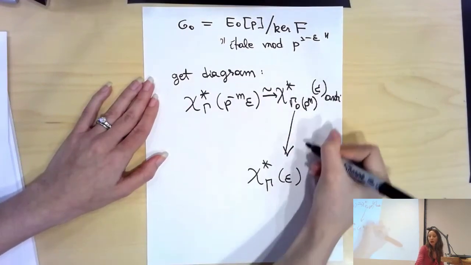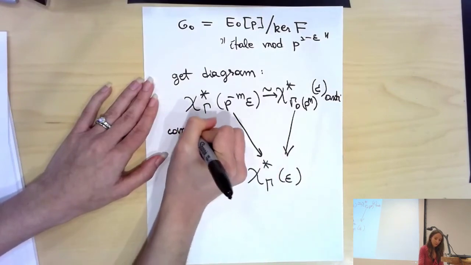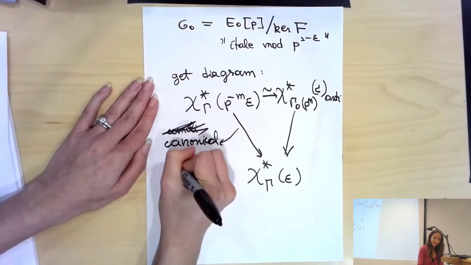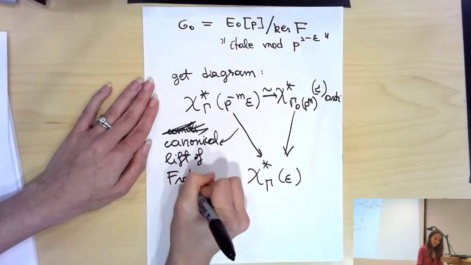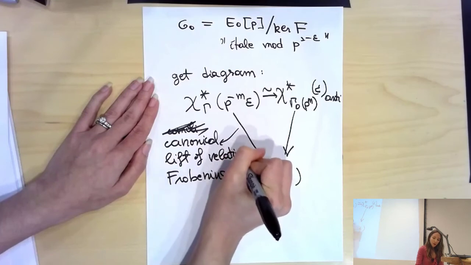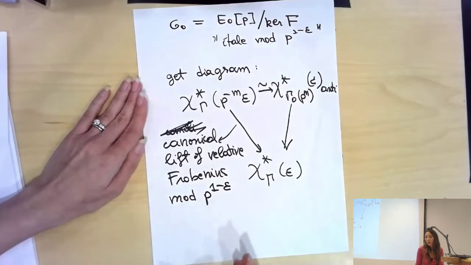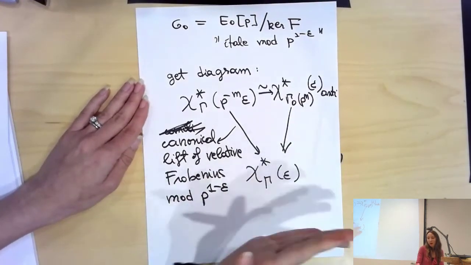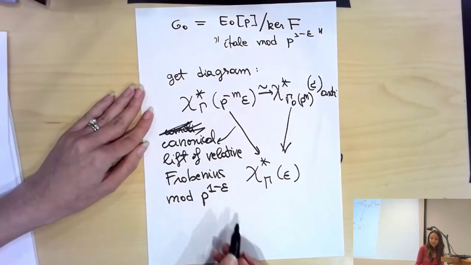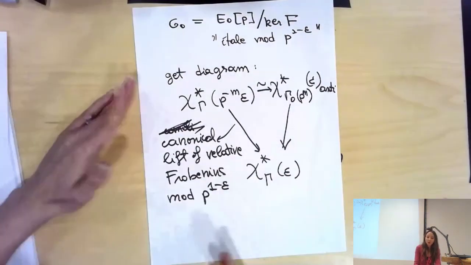You have just the transition map, and now this is a canonical lift of the relative Frobenius, but only modulo p to the 1 minus epsilon. So another thing is that when I had this tower of formal schemes, I wanted the maps to reduce mod p to the relative Frobenius maps, but in fact, you can do this with p to the 1 minus epsilon for some epsilon in this interval, or even (0, 1).